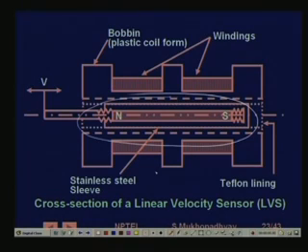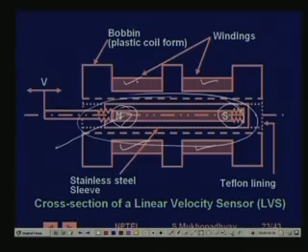There are various ways in which you can do it. For example, in this case what is shown is a permanent magnet. As this magnet moves, EMF will be induced in these two coils, and depending on the motion, these EMF amplitudes will change.